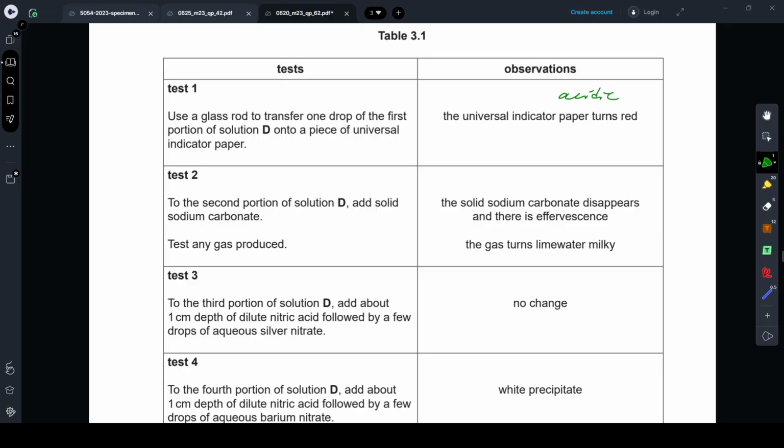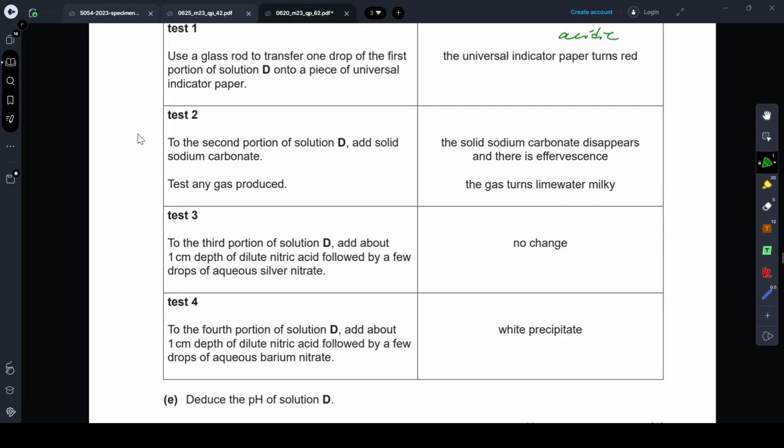To the second portion, add solid sodium carbonate. That's confirming that it's an acid, because acid plus carbonate gives you carbon dioxide gas. So it is confirming that it is acidic.